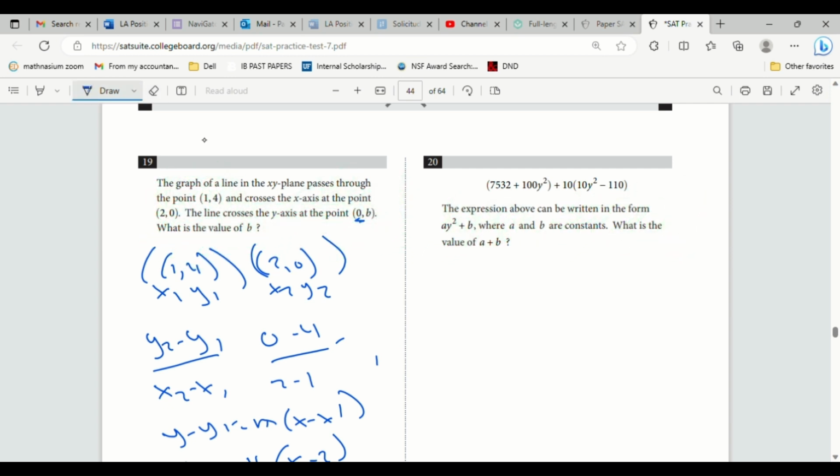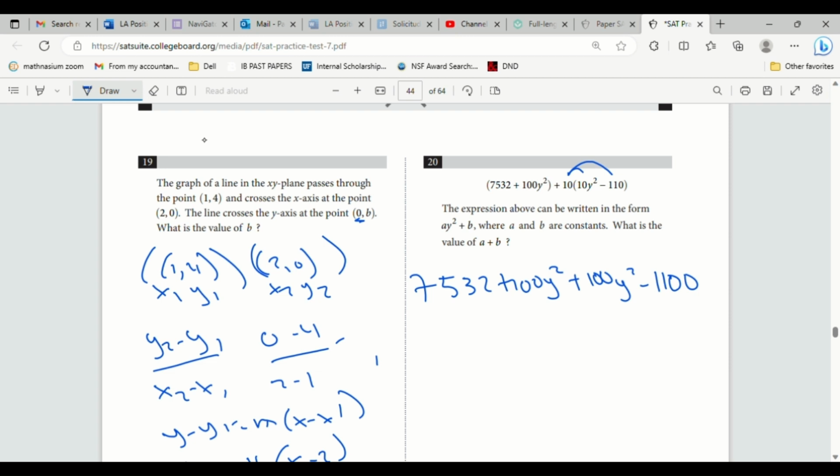And finally, question number 20. The equation above can be written in the form ay squared plus b, where a and b are constants. What is the value of a plus b? So let's distribute this 10 to both terms and then add all of our like terms. 7,532 plus 100y squared plus 100y squared minus 1,100, because the 10 is multiplied by both of those terms.